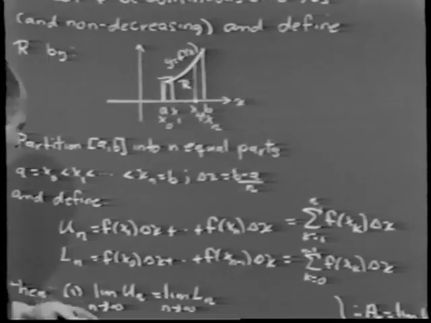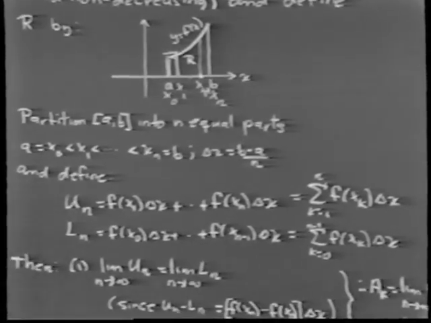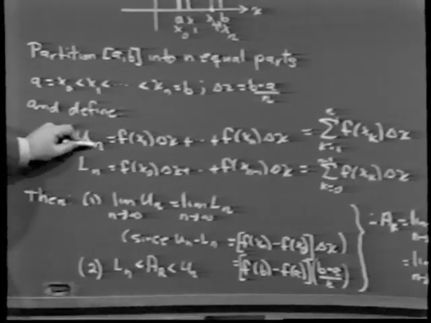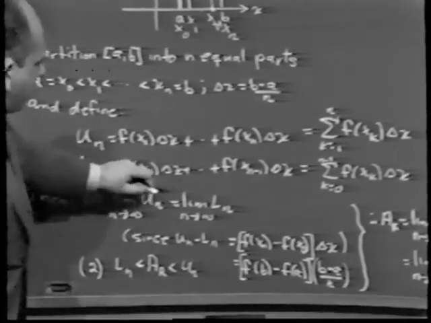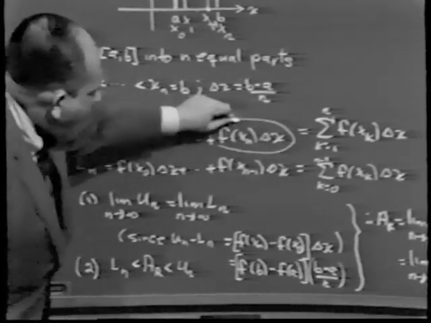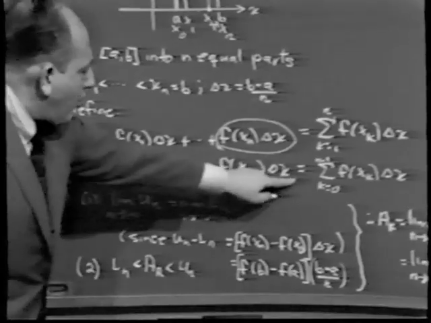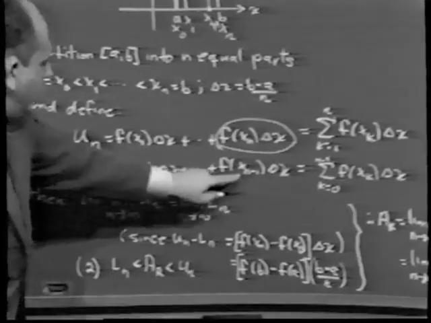At any rate, the observations are this, that U sub n and L sub n converge to the same limit. In fact, this isn't too hard to show. If you just algebraically subtract L sub n from U sub n, notice that the only terms that won't cancel are the last term here. See, f of x sub n times delta x has no counterpart here because this ends with the subscript n minus 1.